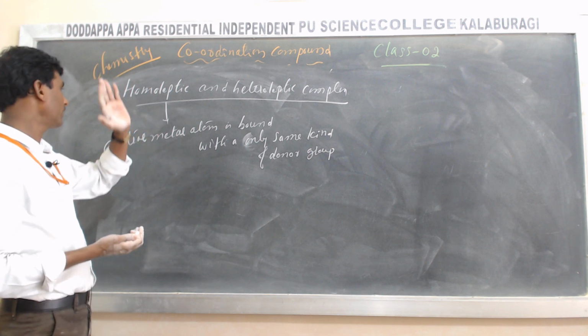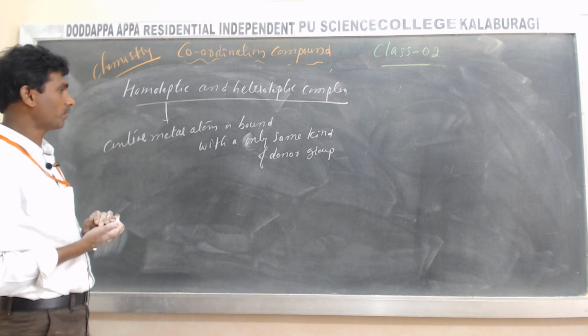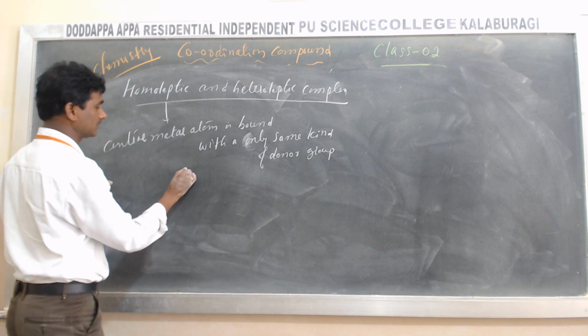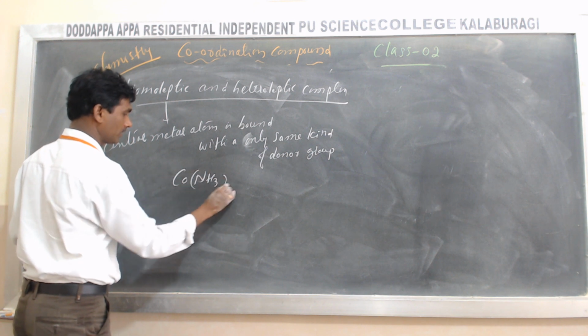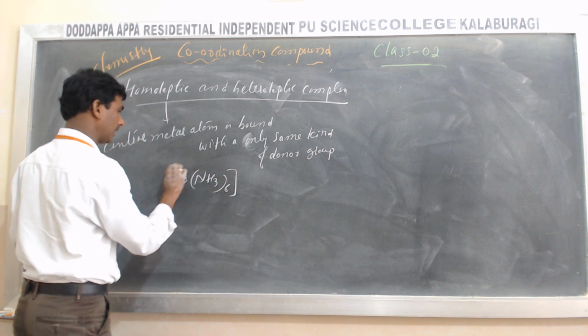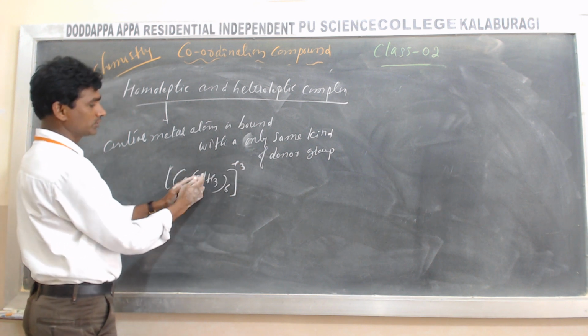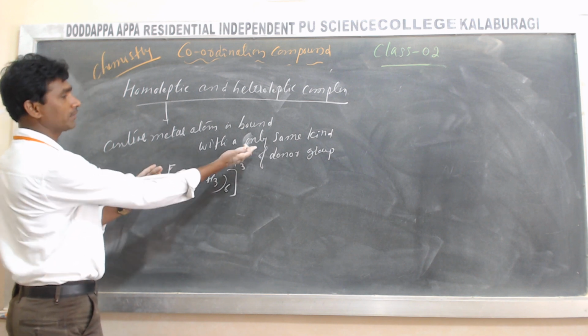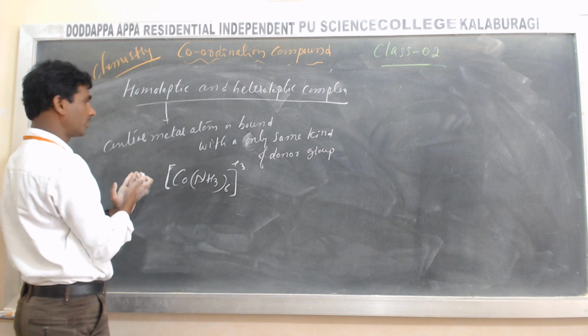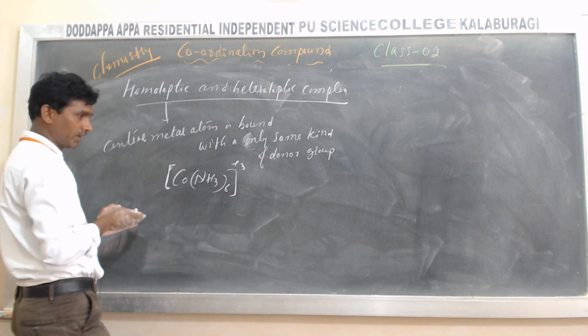So this is called a homoleptic complex, with the same type of ligand. I can write Co(NH3)6, with a plus charge. The same kind of ligand, or donor group, is bonded to the central atom. It is called a homoleptic complex.